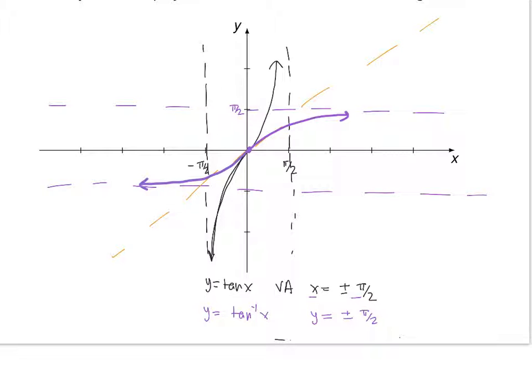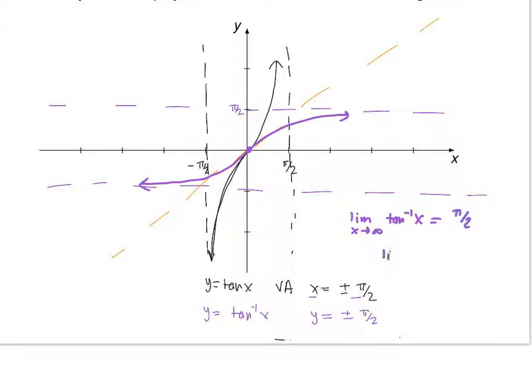And from that picture, you can answer some questions. We're not going to get to this really in this class explicitly, but you'll see this in calculus. The limit as x goes to infinity of tan inverse of x. What that means is as the x's get bigger and bigger and bigger, what happens to the y values of that picture? So as the x's get bigger and bigger, where do the y values go? Pi over 2.